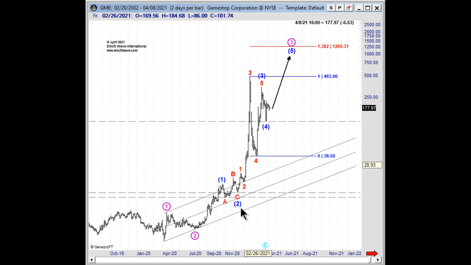Typically the most common Fibonacci retracement for wave 4 of an impulse wave would be a 382 multiple of wave 3. Now, one thing I observed many years ago was that whenever you have a very quick, very sharp, very decisive fourth wave move, its retracement of wave 3 is often very deep, going back to a 618 retracement.